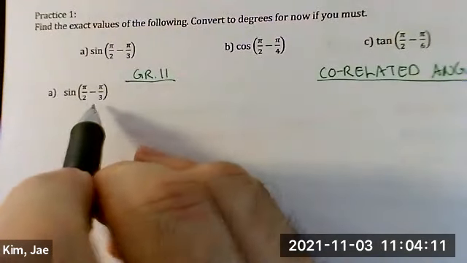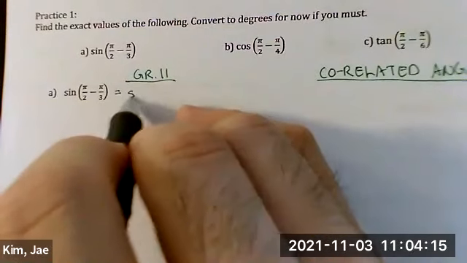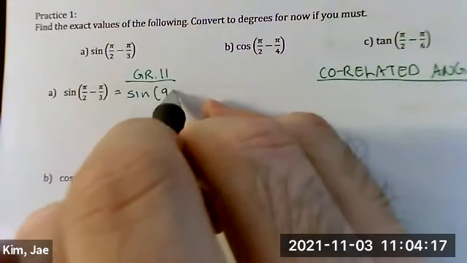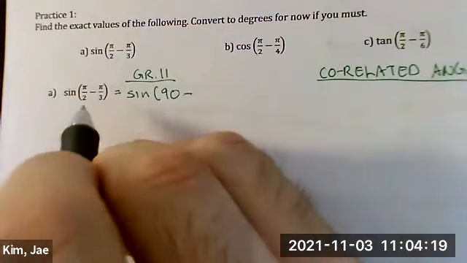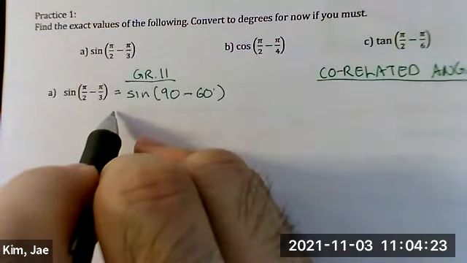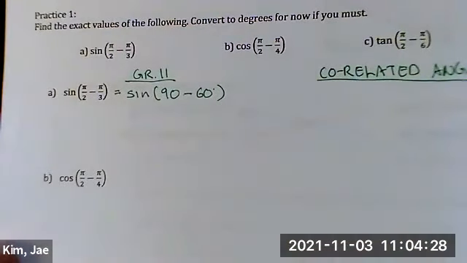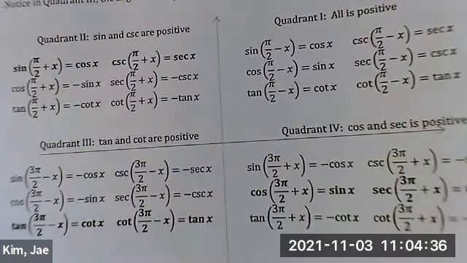Just in case you forget what these angles mean, it is sine of 90 minus pi over 3, which is 60. Just like CAST rule, I hope that it becomes a natural thing because you're going to have to either memorize all that or understand how it works.